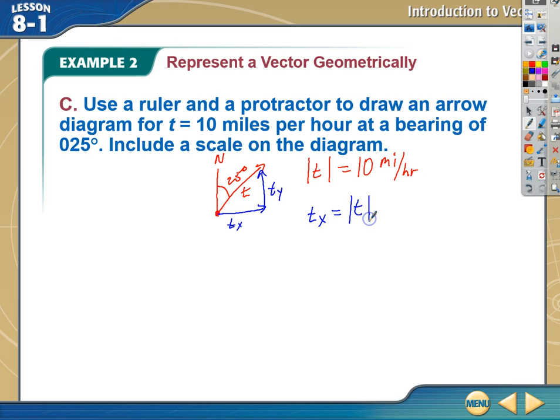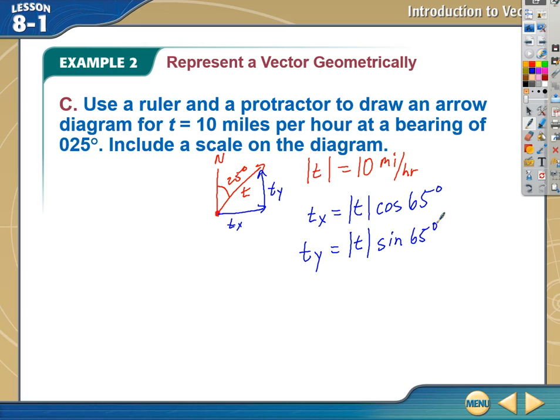Magnitude of T times cosine of, what's my degree measure? Again, this is where you have to, I want it from the x-axis. I want it from here. So what's 90 minus 25? Oh, that's 65 degrees. And Ty is going to be T sine the 65 degrees.